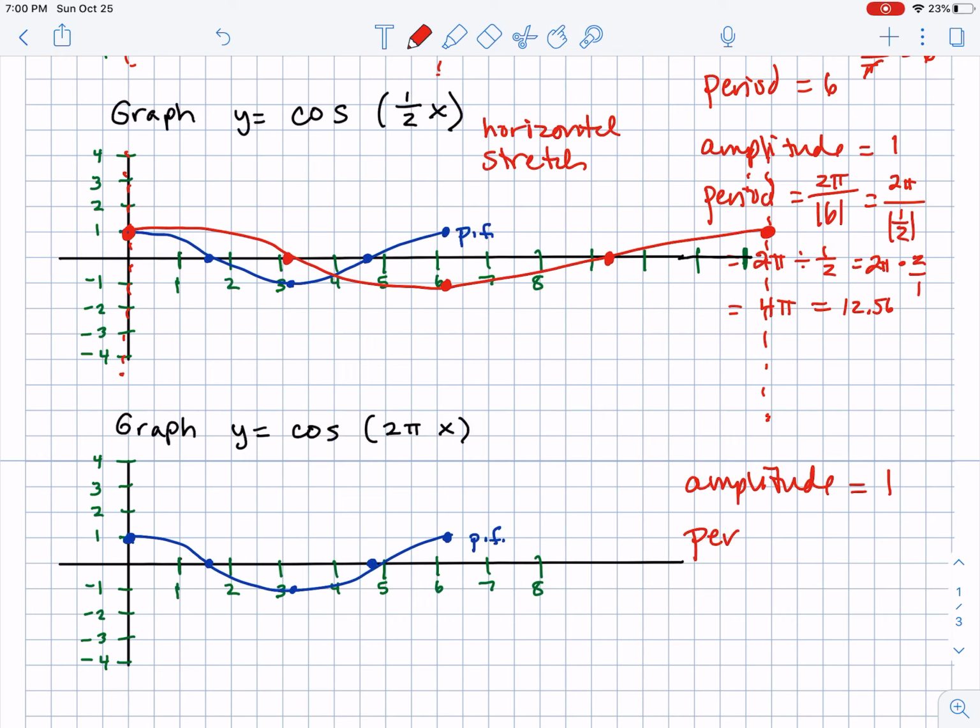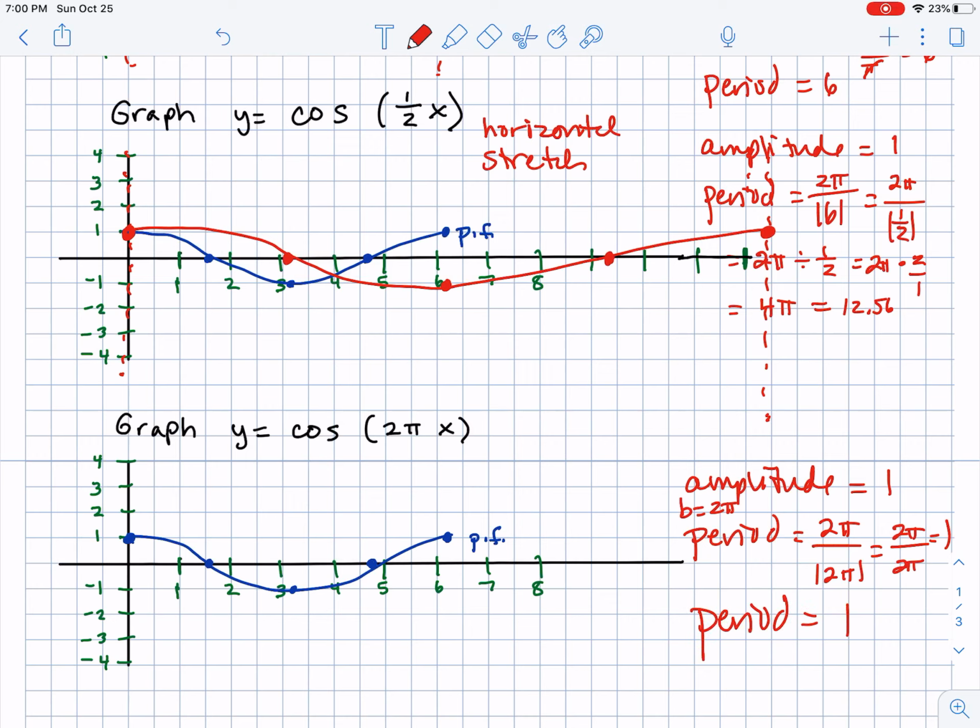The period, well, let's see, what is b? b is 2 pi. So that means my period is 2 pi over absolute value of 2 pi. Well, that's 2 pi over 2 pi, and the period is 1. Okay? So the period is 1. Let me write that down, a little easier to see.